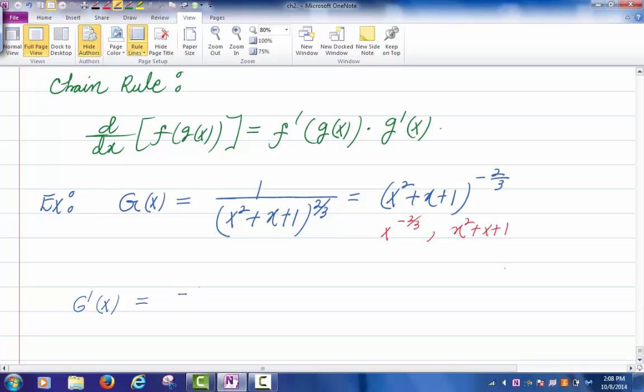So this would be negative 2/3 times x squared plus x plus 1 to the exponent negative 2/3 minus 1, and then you multiply by the derivative of the inside function, the derivative of the quantity that you wished to be x, right?